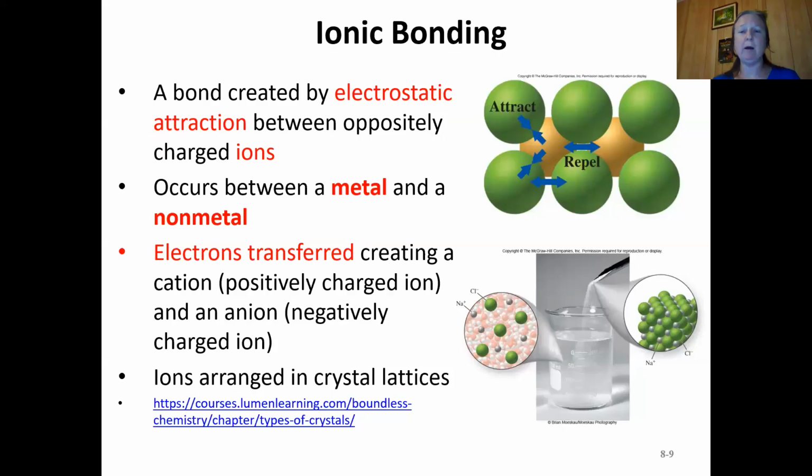So a little more about the ionic bond. It is a bond created by electrostatic attraction, the positive and the negative charges. So you already have ions existing, they come together because of that charge attraction.